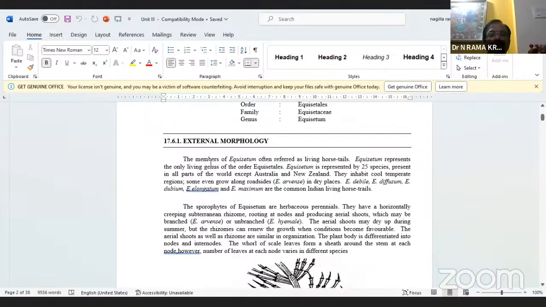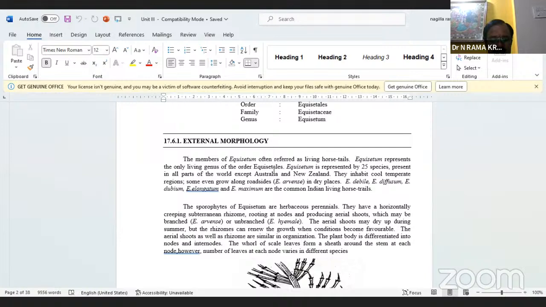Now you see here the members of Equisetum. Before going further, Equisetum has a worldwide distribution; we find it almost throughout the entire world. Nearly 25 species are represented.